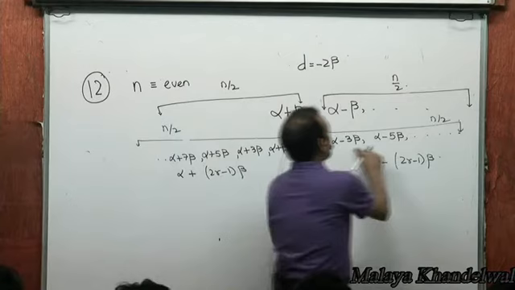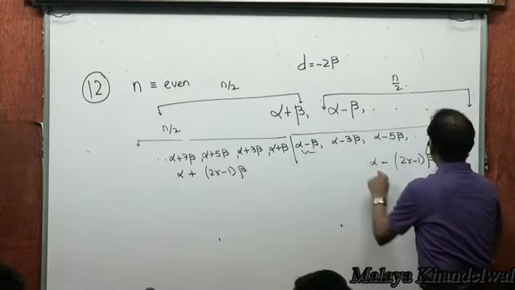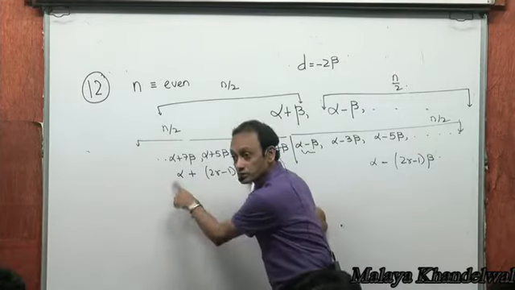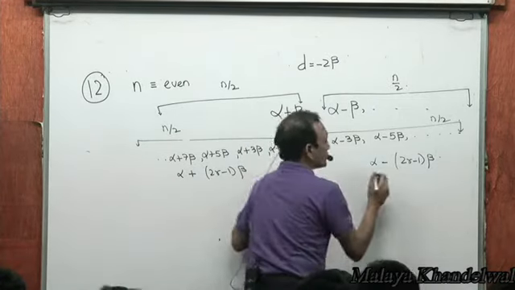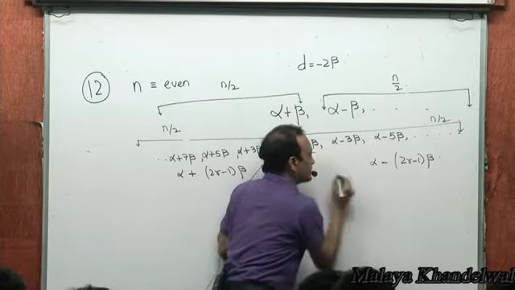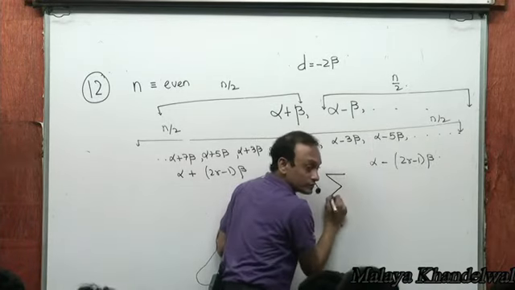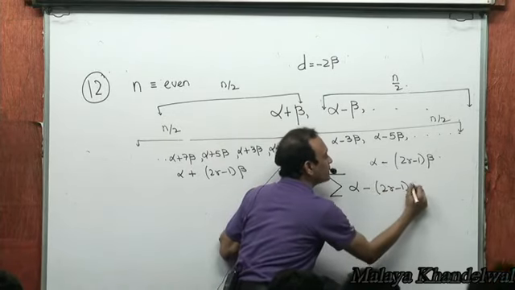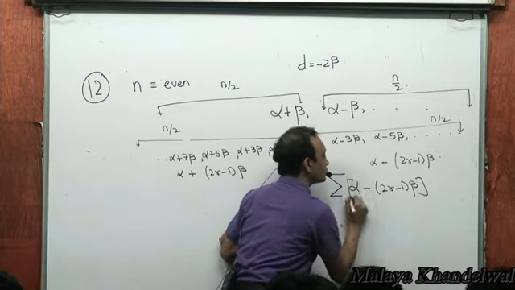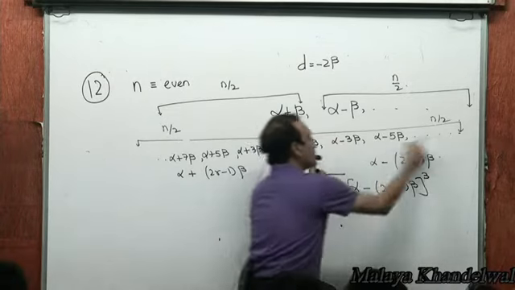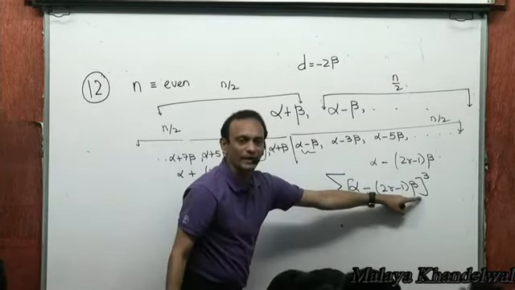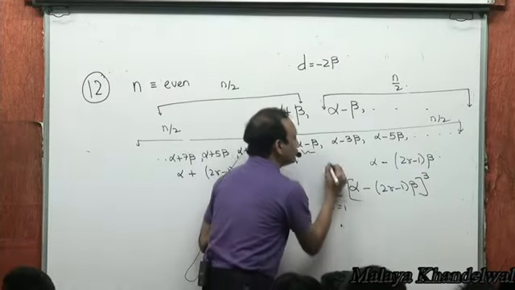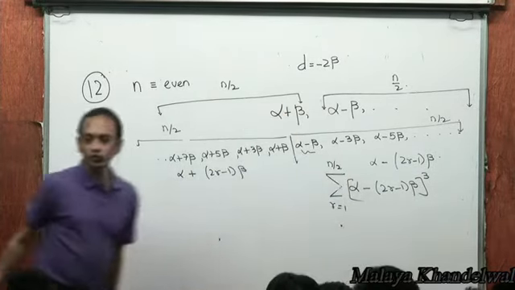We need to find the sum of the cubes of these numbers. Yes or no? That means the sum of the cubes of these numbers would be summation of alpha minus (2r minus 1) beta whole cube, where r runs from 1 all the way to n by 2. Yes or no?